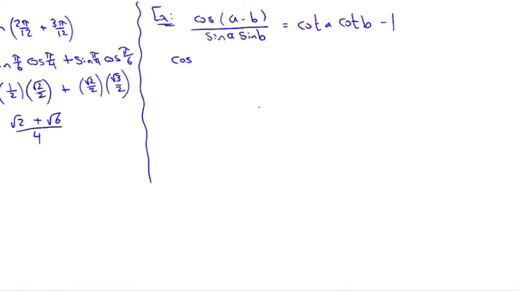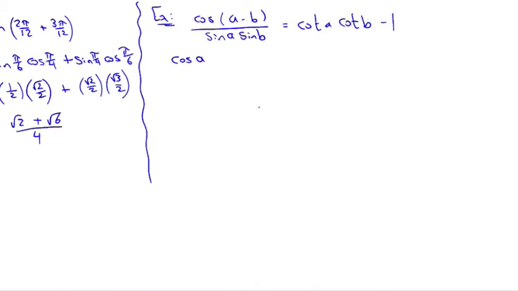Did you write it down? Cosine of the first one, cosine of the second one. That first formula I gave you, from the distance formula, it popped out. Cosine of A minus B, alpha minus beta, is equal to cosine of A.